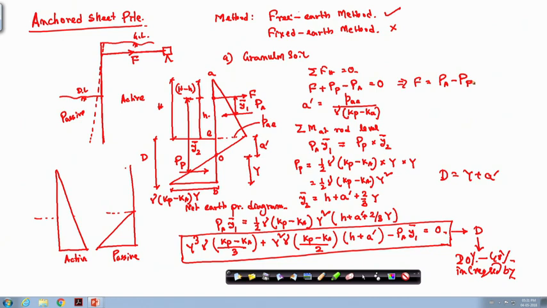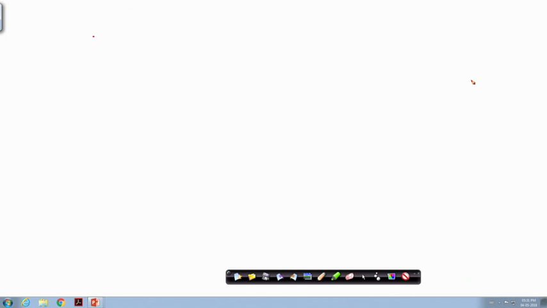Once you get this F value, now I have to design the anchor. So, now if this is the retaining or the sheet pile wall, I know the d value and the h value is known. So, this is the d value. Now, for the sheet pile, assume that this is the ground surface GL.